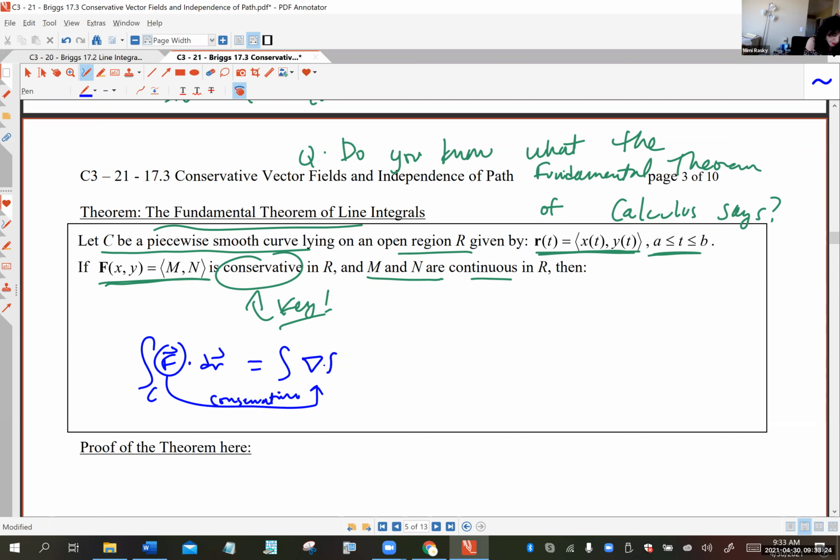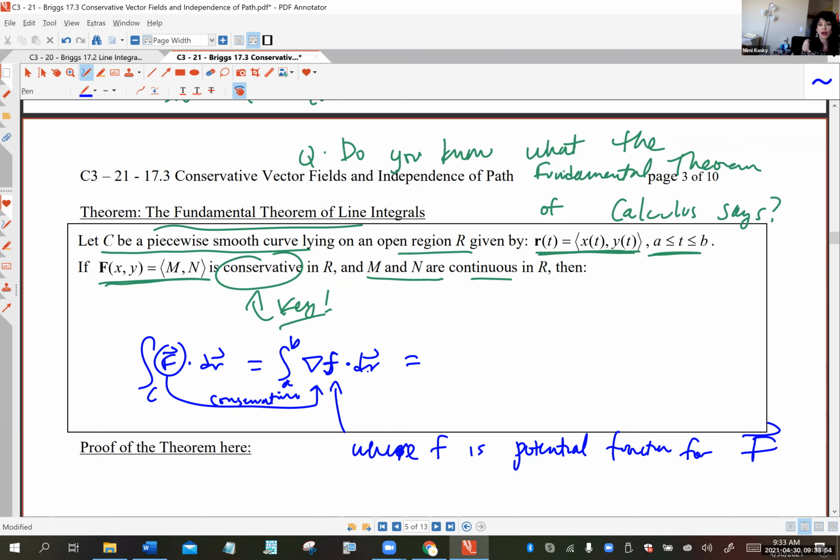So you can rewrite your vector field using gradient notation, gradient of f, where f is the potential function for the vector field F, dotted with dr, going from A to B. Since the gradient is a vector that's got partials for its derivative, and you're integrating partials, basically what you're going to get back is the function itself.